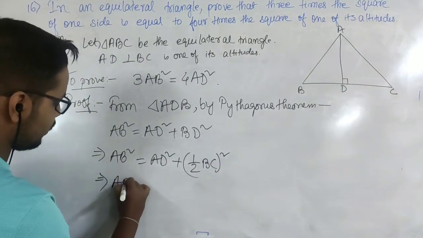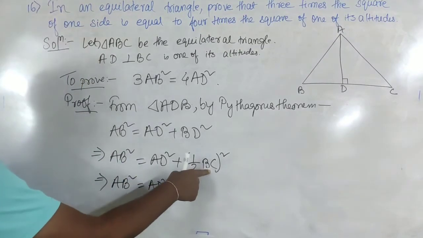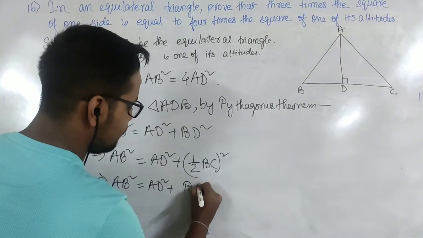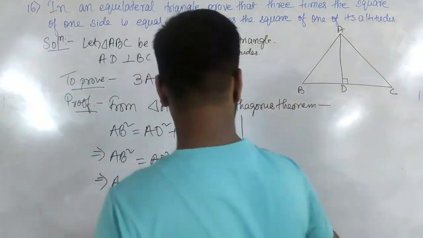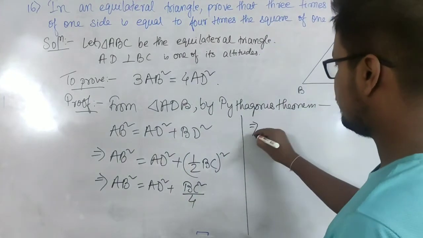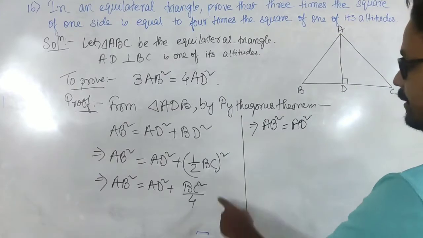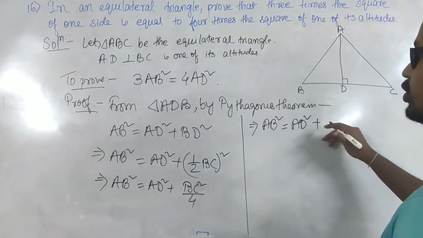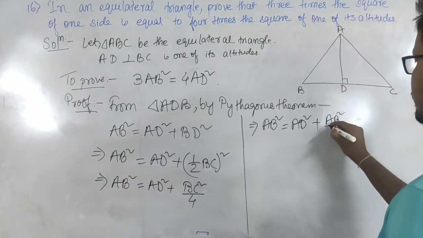It will be AB squared is equal to AD squared plus BC squared by 4. In place of BC, I can write AB because BC and AB are the same as it is an equilateral triangle. So it will be AB squared by 4.